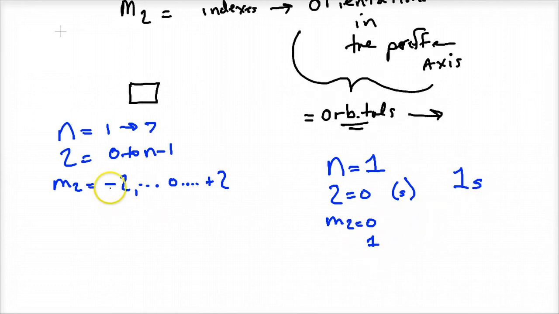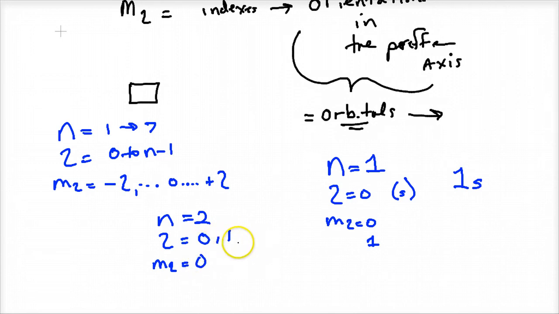Okay, let's do n equals 2. N equals 2. I have 2 angular momentum numbers. I have 0 for the s and 1 for the p. It's 0 to n minus 1, so 0 and 1. Now the m sub L number can be what? Well, for the 0, it'll come out to be 0.